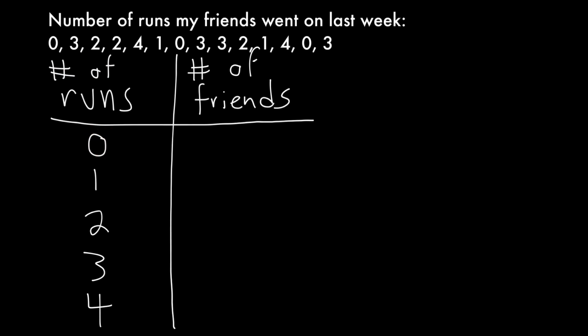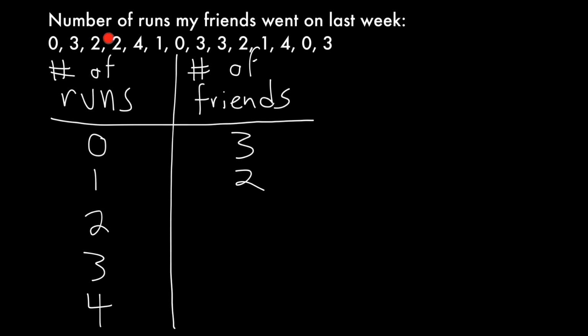How many friends went on 0 runs? I have 1, 2, 3 people went on 0 runs. Then how many people went on 1 run? It looks like 1, 2 friends went on 1 run.